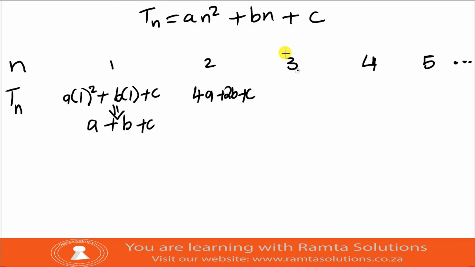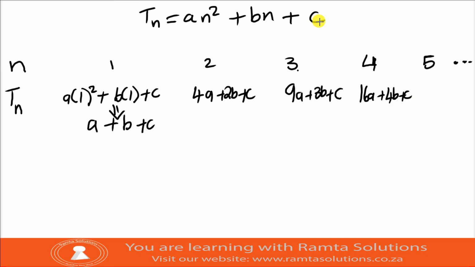When n is 3, you will have 3 squared, which is 9, so 9a plus 3b plus c. When n is 4, 4 squared is 16, so 16a plus 4b plus c.